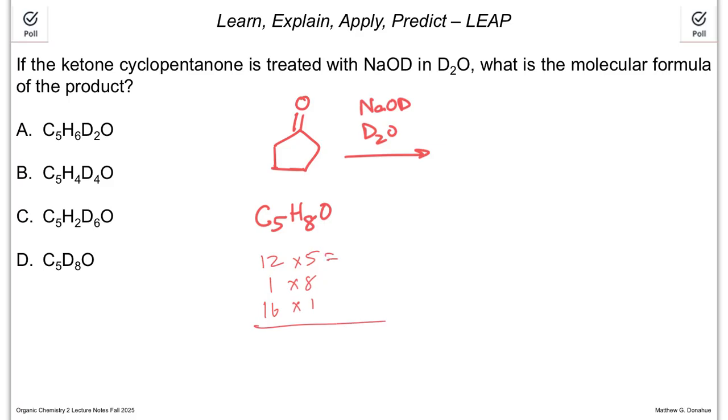And then just for practice, let's calculate the molecular weight of that. So 12 times 5 gives us what? 60. 1 times 8 is 8. 16 times 1, 16. So what do we get here? 76 plus 8. Is that 84?